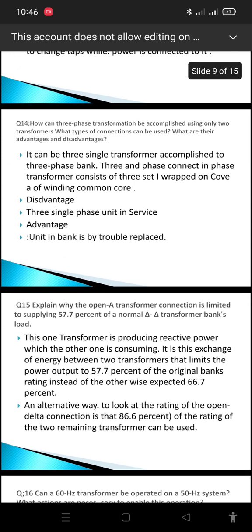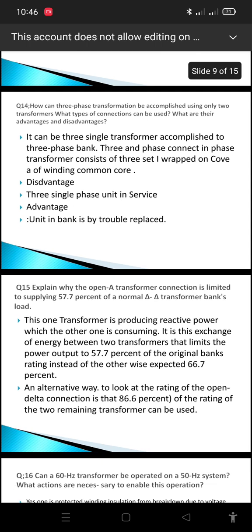Explain why the open delta transformer connection is limited to supplying 57.7% of a normal delta transformer bank's load. One transformer is producing reactive power, which the other one is consuming.